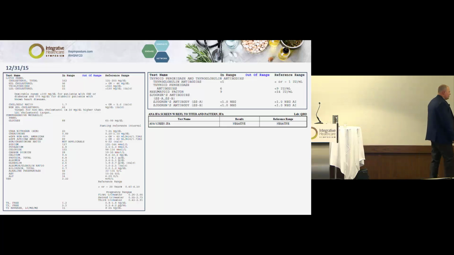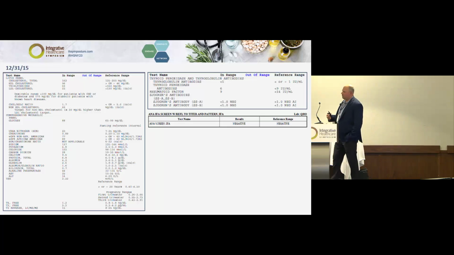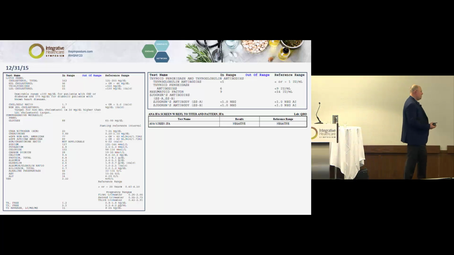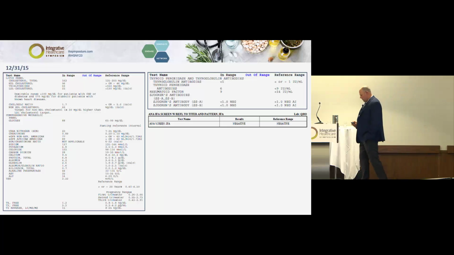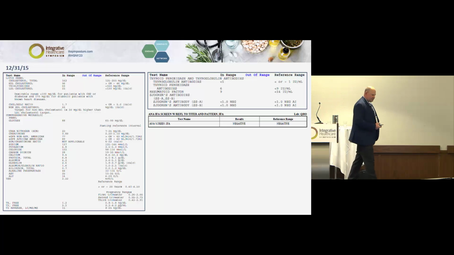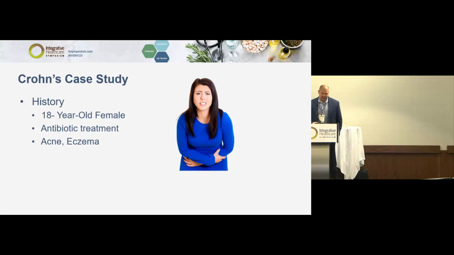So it's just one of those things that I like to use the traditional labs that the traditional doctors are using, but then use the specialty labs to see where there's the dysfunction, and then you can really have that targeted approach.